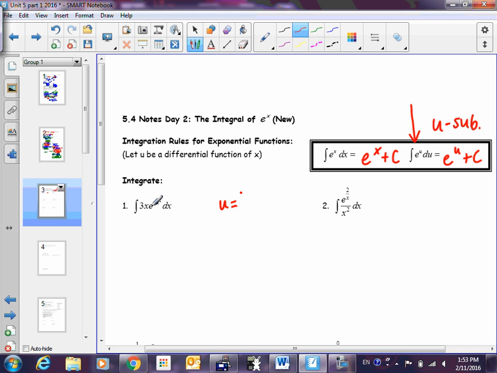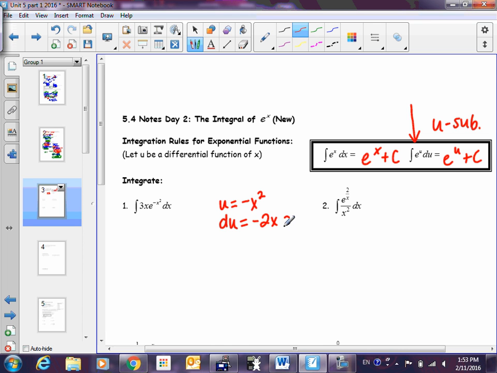So let's just take a leap of faith here, and let's see if we can get this problem to work out. So the power on e is negative x squared. Okay. Don't necessarily know where we're going, but we do know the next step is du. The derivative of u should equal the derivative of negative x squared, which is what?